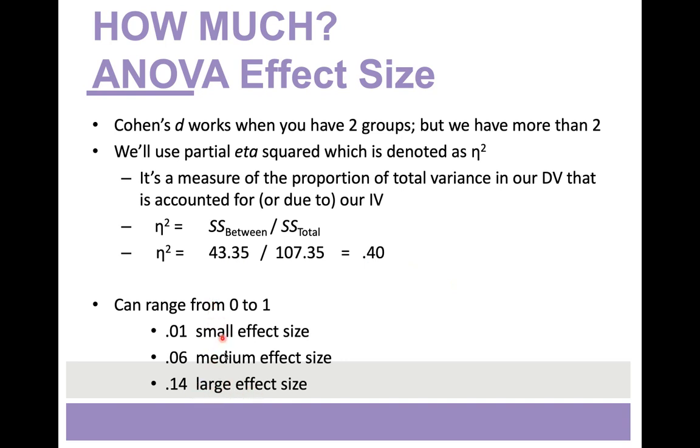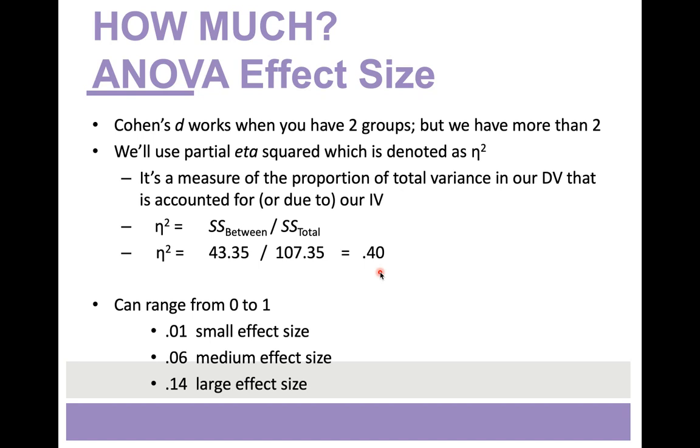Here's roughly our way of denoting effect size: anything around 0.01 is small, anything around 0.06 is medium, anything around 0.14 is large. So that means 0.40 is quite large. This is a really robust effect. So what this tells us is that the difference is substantial. We have a substantial significant difference here.